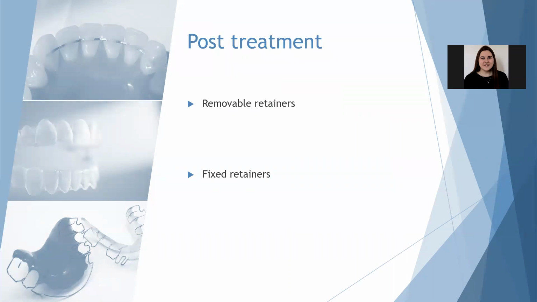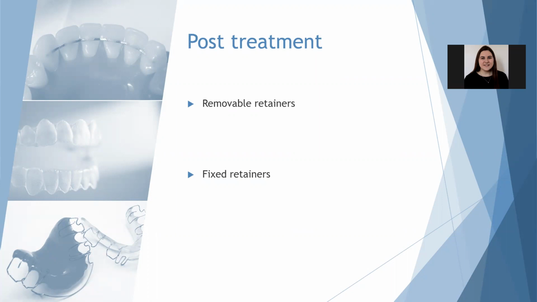Now, most of us would get the removable retainers, which are the two bottom pictures that you can see here. One of them, the bottom one, is the classic one with the wires, and then the middle picture is the invisible one, which a lot of people use now.